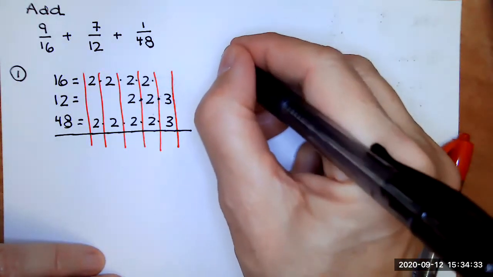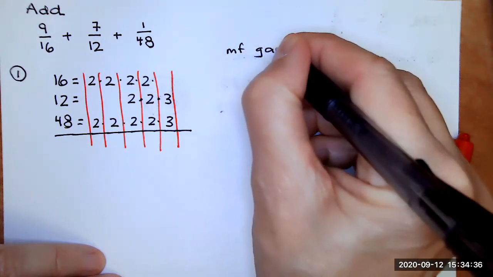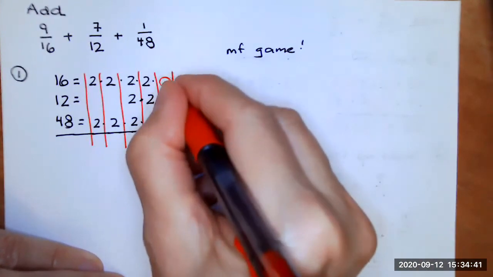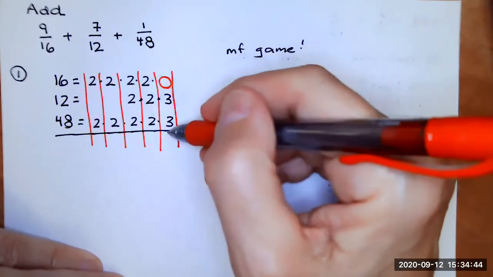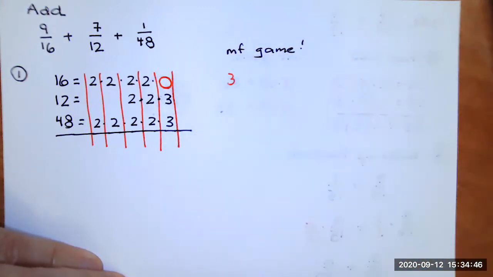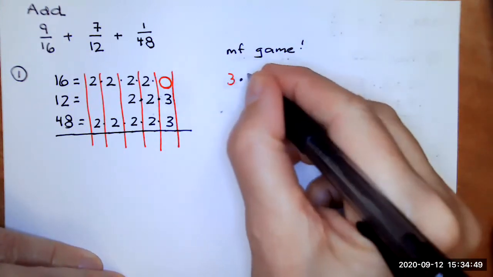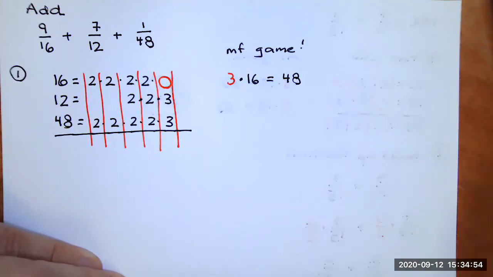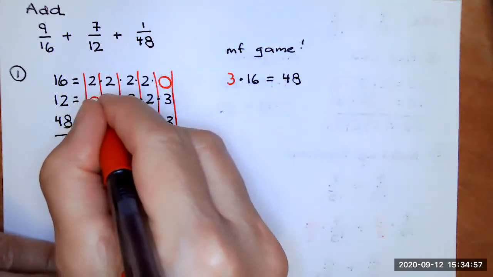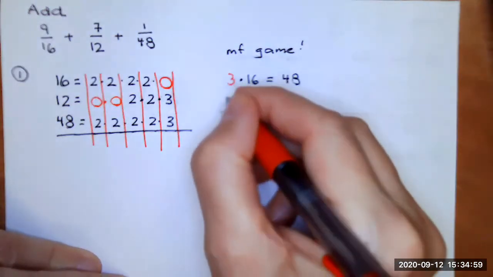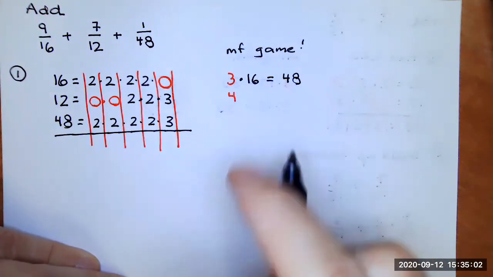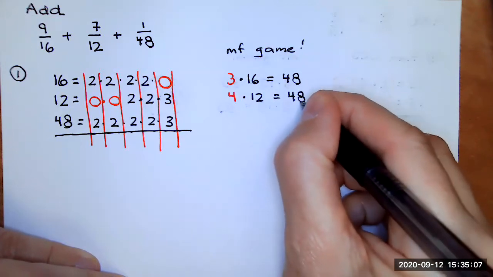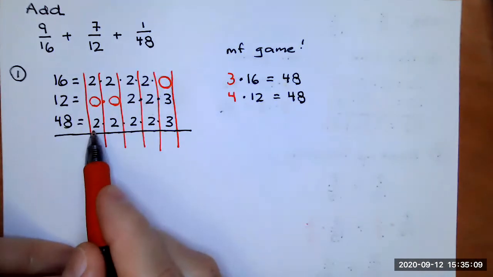Let's play the missing factor game. What's 16 missing? What's missing? A 3. What's 12 missing? 2 times 2, or 4. What's 48 missing?